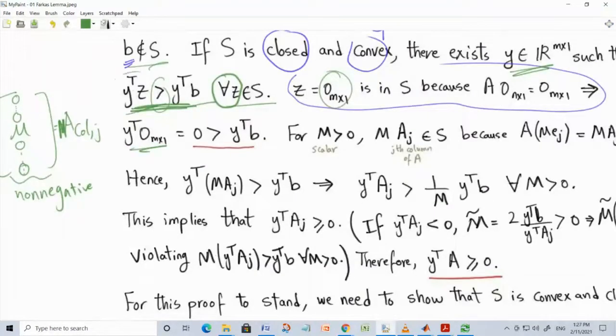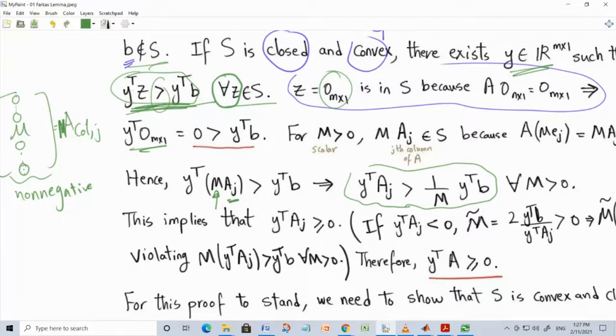Again, since this inequality from the separation theorem is valid for every vector Z in S, we can use for Z a positive scalar M multiplied by a column of A. So Y transpose multiplied by M A_j must be greater than Y transpose B. M is positive, so you can divide both sides by M, and Y transpose A_j, the jth column, must be strictly greater than 1 over M times Y transpose B. Now, M should be positive, but you can make it arbitrarily large.